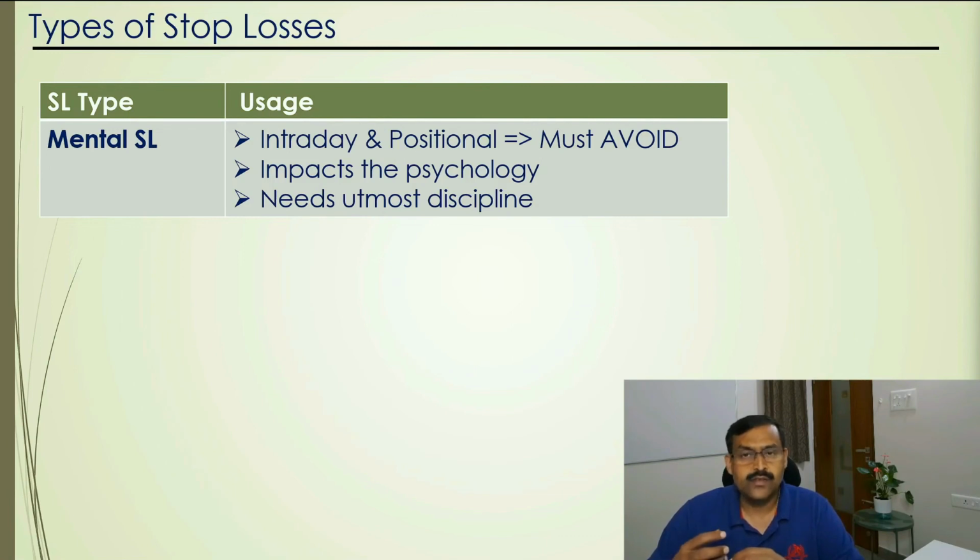This kind of a stop loss requires a lot of discipline to use. So better avoid this kind of a stop loss. Yes, there are some people who use this kind of a stop loss, but they have a high capital and they are quite professional and disciplined traders. Do avoid such kind of mental stop loss for your trades.